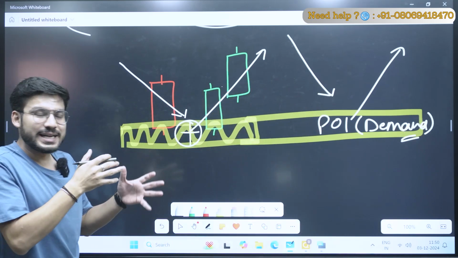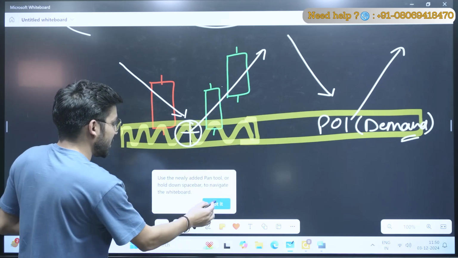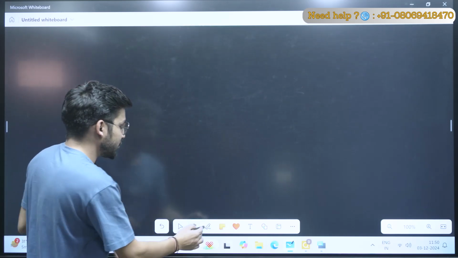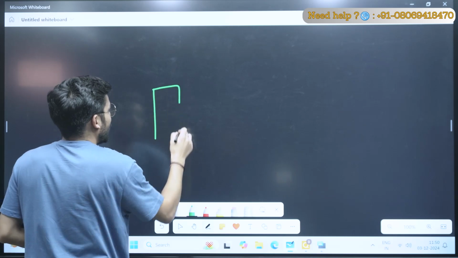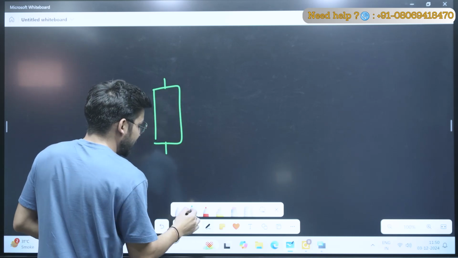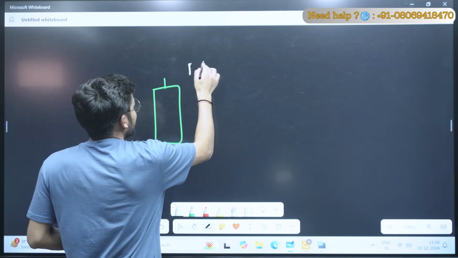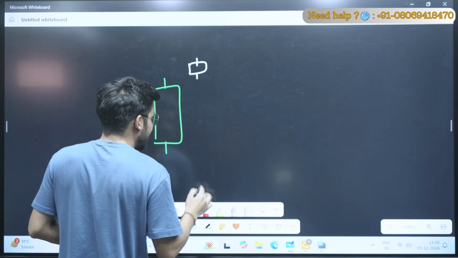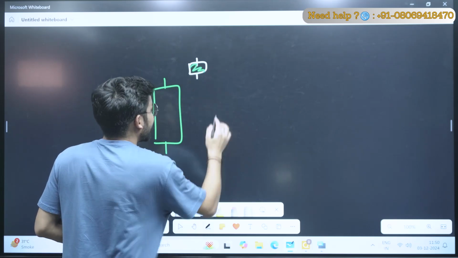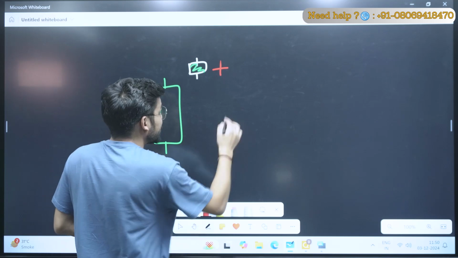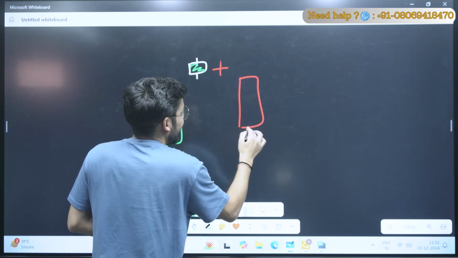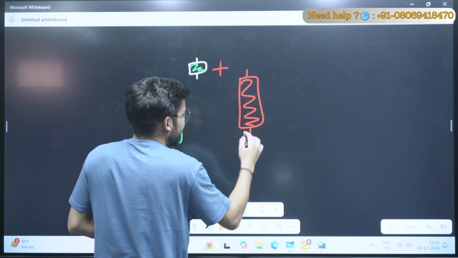Similarly, if you are trading in the negative direction, I'll give you the example of a supply zone as well. Suppose there was a green candle something like this, and after this green candle there were some weak candles. They can be green or they can be red as well. Somehow like this. After that there was a significant red candle, and then the market changed its interest.